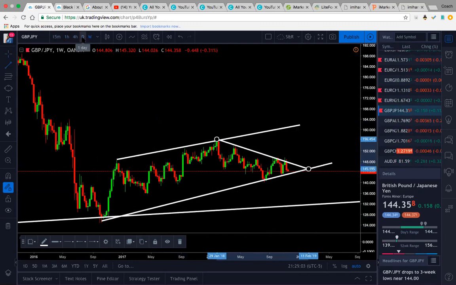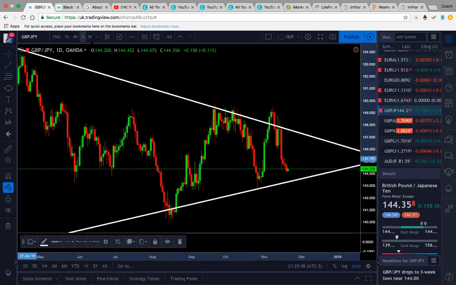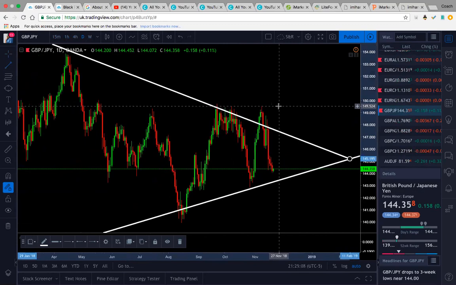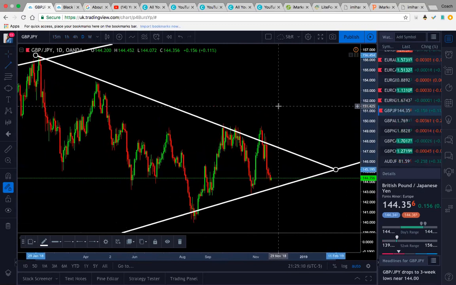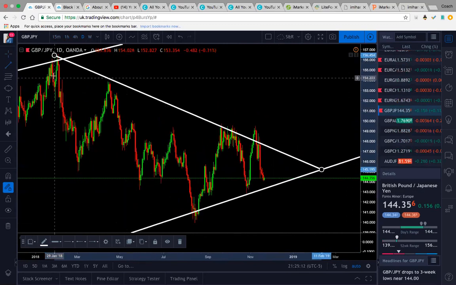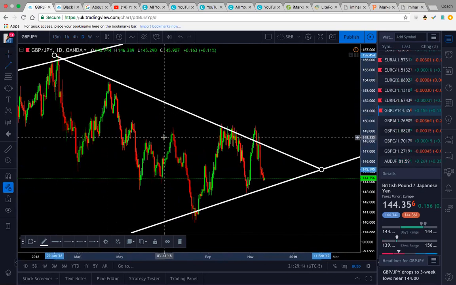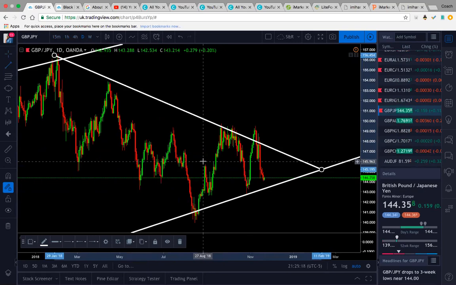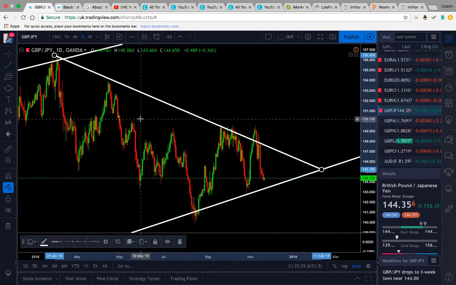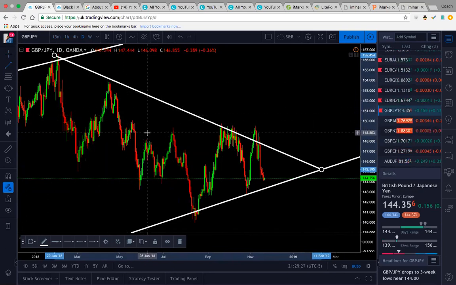So now we scale to the daily time frame. This is the daily, and you can now see the downtrend much clearer on the daily time frame. You can see where price is being rejected, and it's giving you lower lows and lower highs.